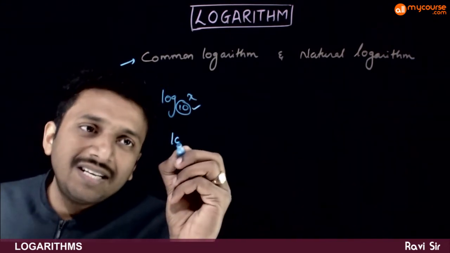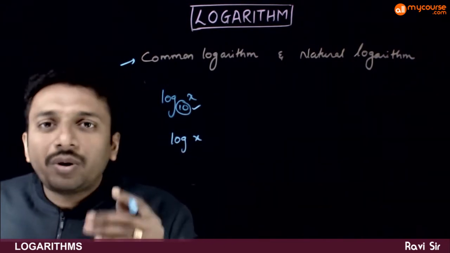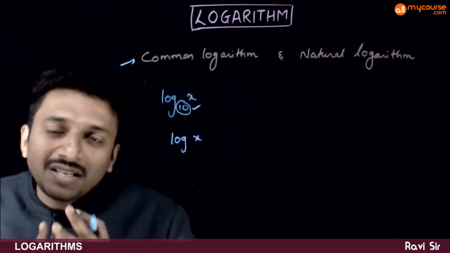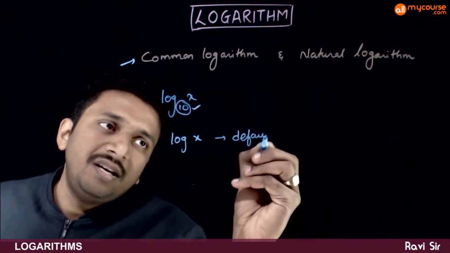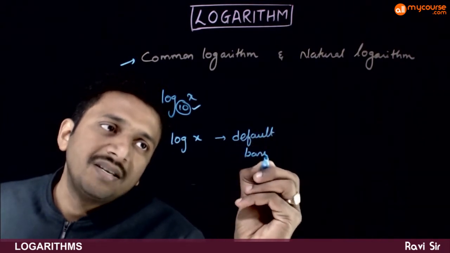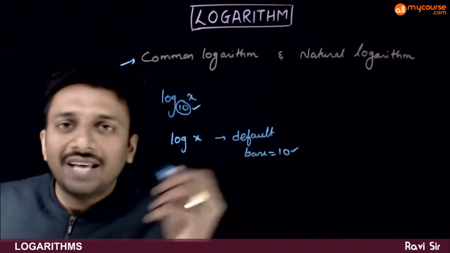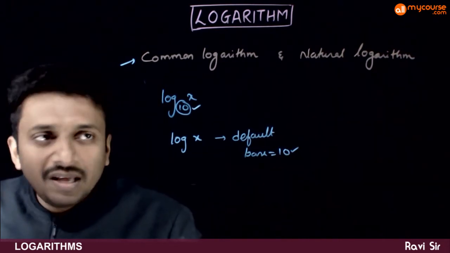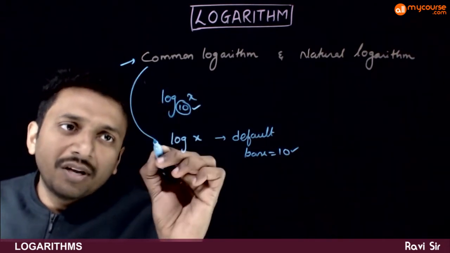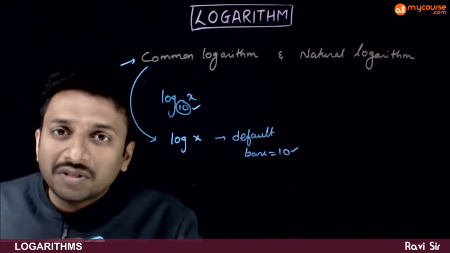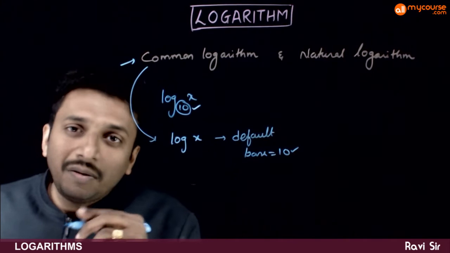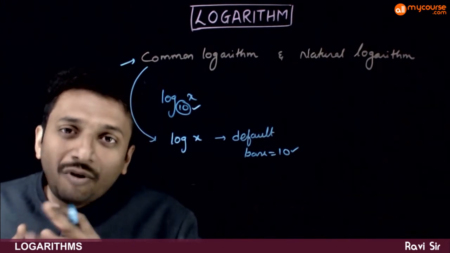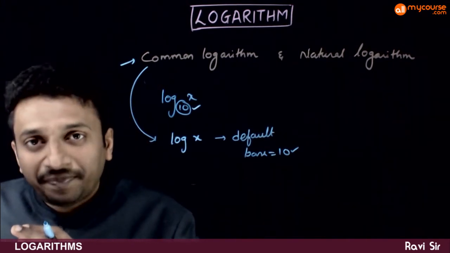That is, if I write just log x without writing any base, the default base is equal to 10. This is a convention, and this type of logarithm is called a common logarithm. So if I don't write any base to log, you have to take the default base as 10.